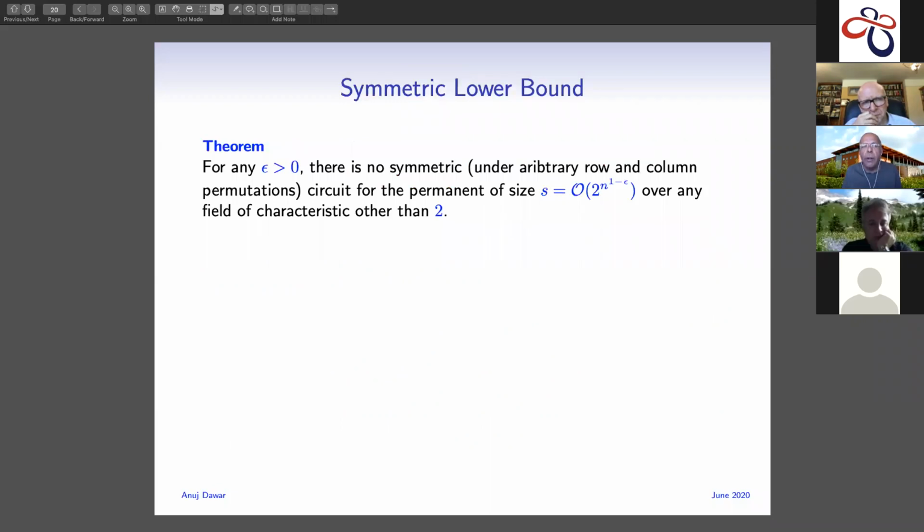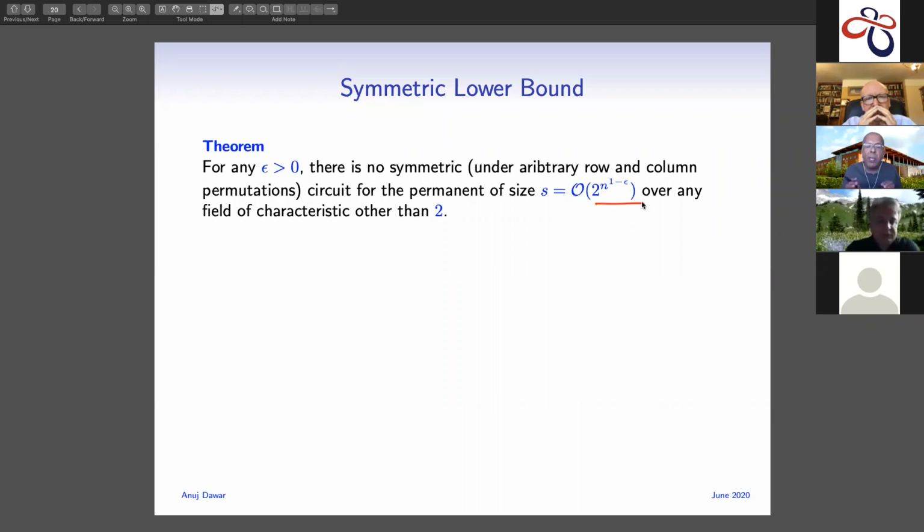So here is our theorem. We basically show that you can't do much better than exponential. So for any positive epsilon, there are no symmetric circuits for computing the permanent of size 2 to the n to the 1 minus epsilon. Okay, so better, strongly sub-exponential, they don't exist, and we're able to do this in any field as long as its characteristic is not 2.